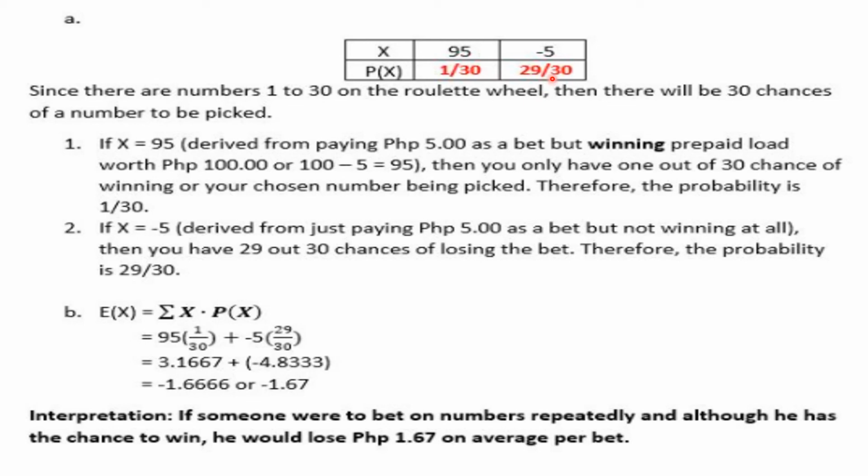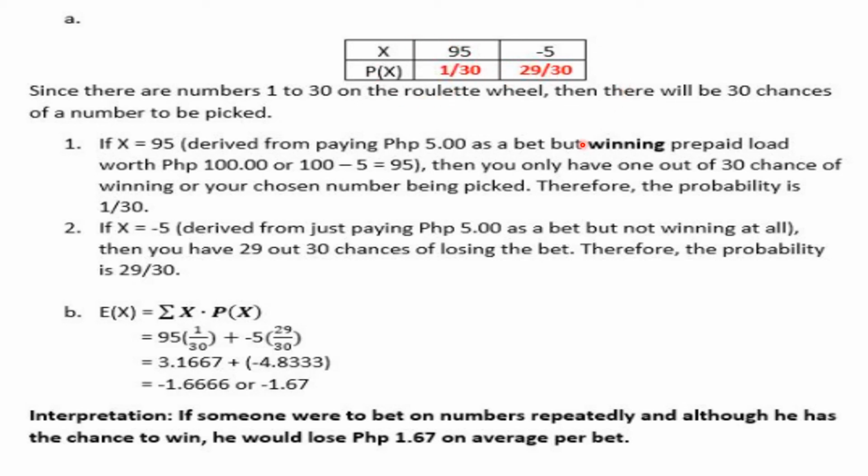Say for instance, I bet on number 5. My probability of winning is only 1 out of 30, and my probability of losing is all those numbers except 5, which is 29 out of 30. So we have here 1 over 30 and 29 over 30.